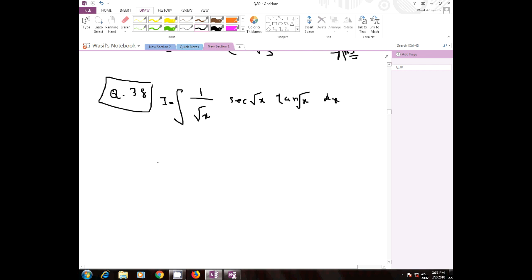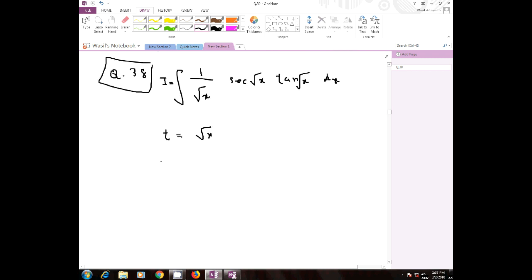To solve this question, make a substitution t is equal to square root x, and by taking its differential you have dt is equal to 1 by 2 square root x dx.